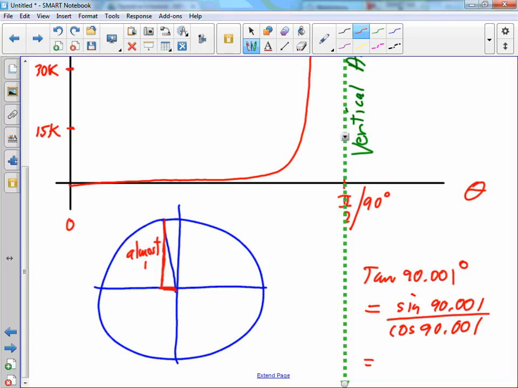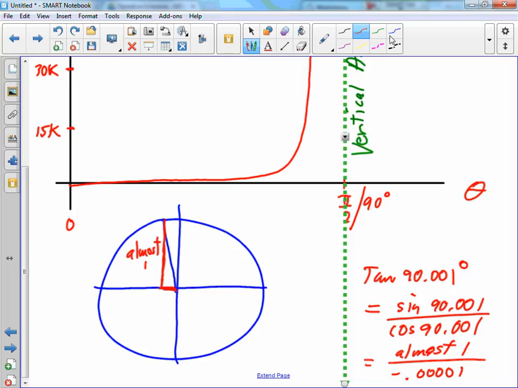And as Esme said, that's going to be almost 1 divided by negative 0.00001 or whatever, ish. And then what kind of a number will that give me? Well, what we would think of as a huge number, but negative, which is actually a really small number. And that's hard to get your head around, I know.